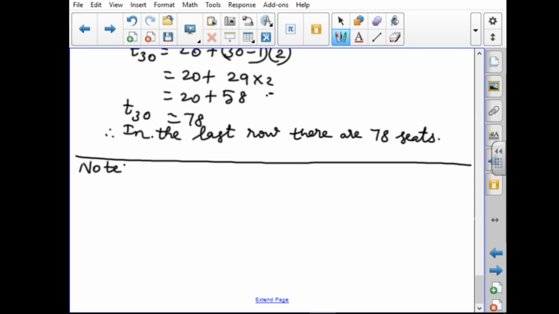That is very, very important for this method of sum.